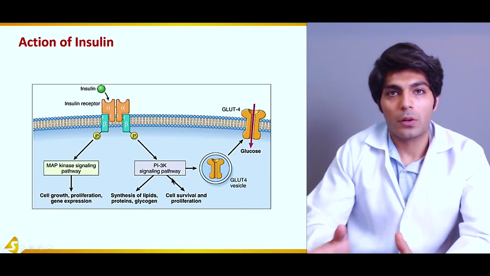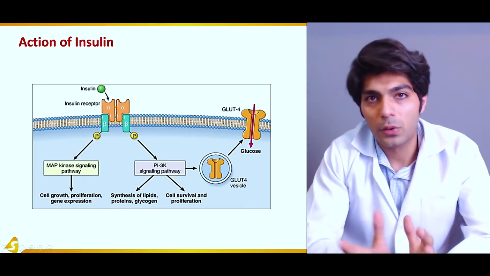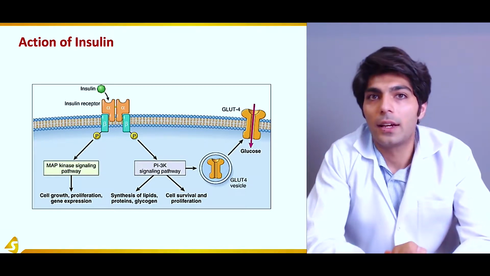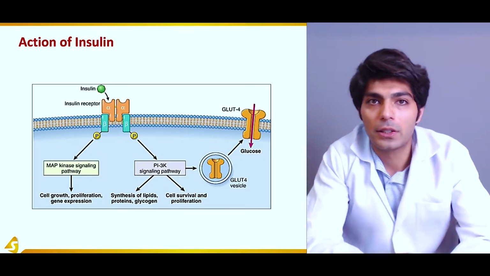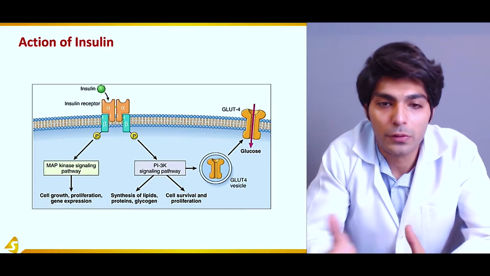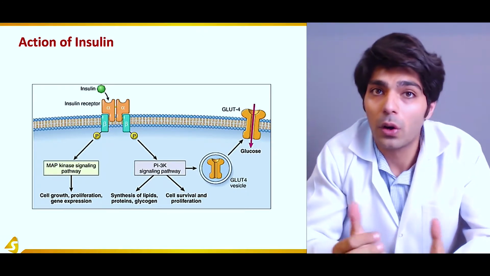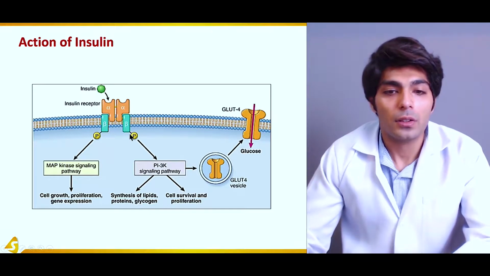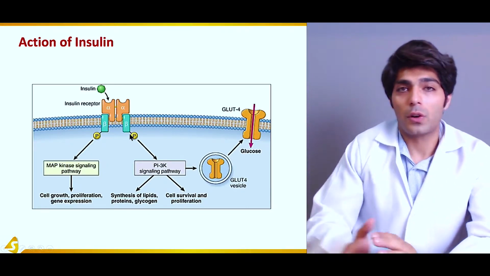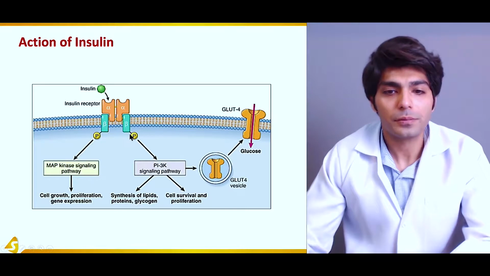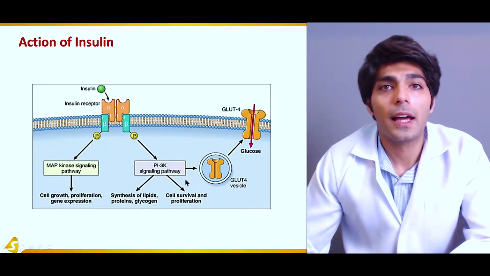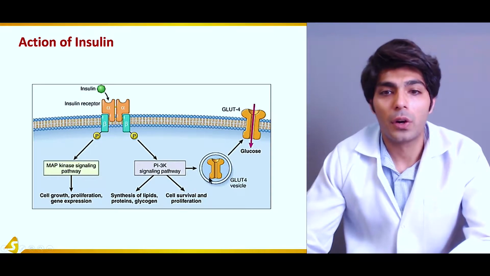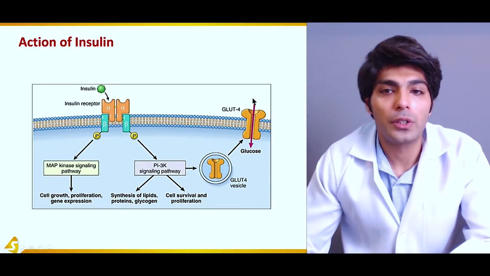Once the glucose level rises, insulin drags the glucose into the liver, where it is stored as glycogen. This happens because of the autophosphorylation of the beta receptor, which we're going to discuss later. After the formation of phosphate 3 kinase, there are glucose carrier proteins, which we call GLUT4.